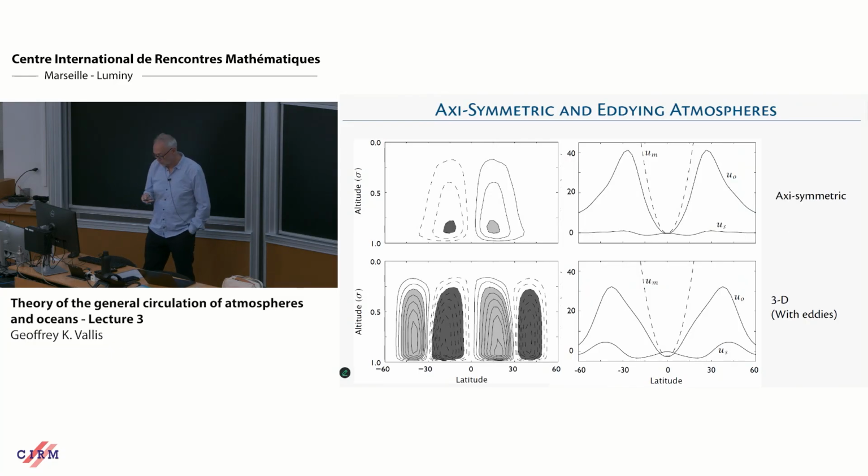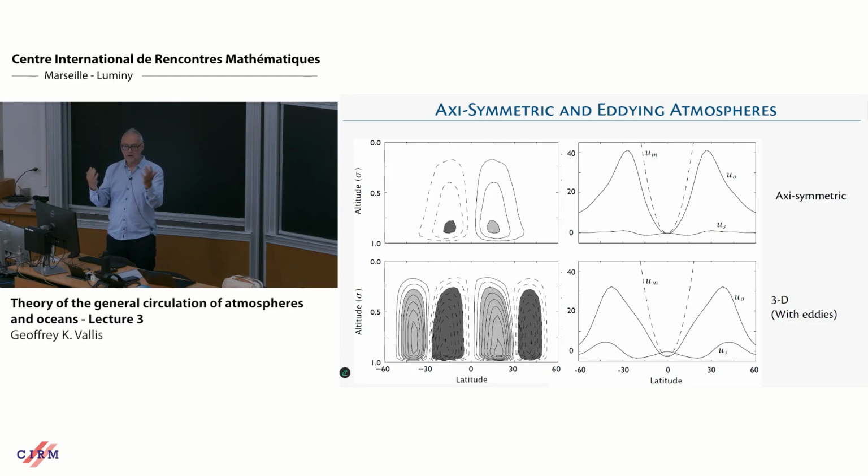And we talked about the Hadley cell yesterday. We said that in an ideal Hadley cell, which would be an axisymmetric planet, when there's no variation in longitude and no eddies at all, we would expect the wind to be angular momentum conserving. So if we do a simulation, the top simulation is of a planet which has no variation, no eddies in longitude.